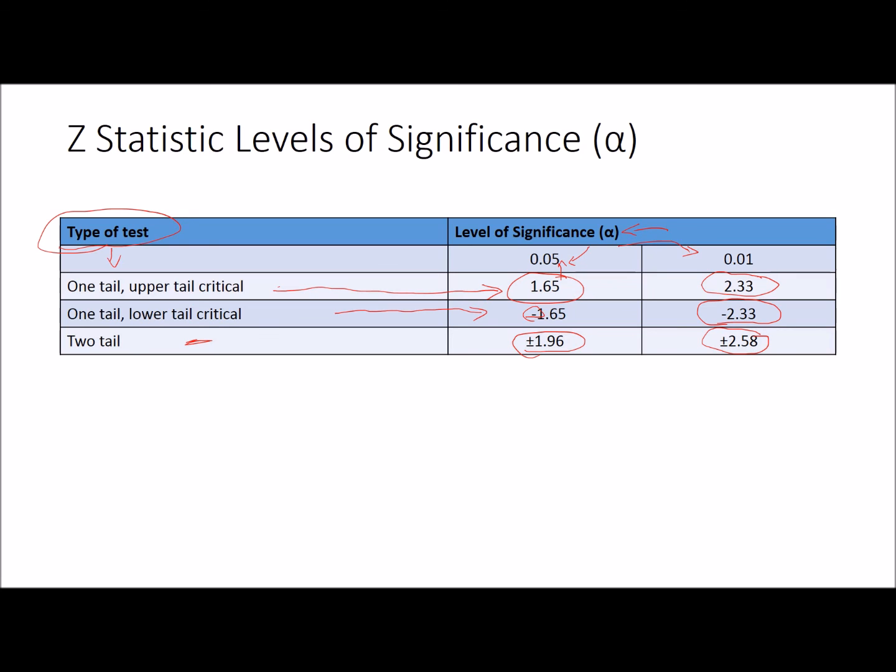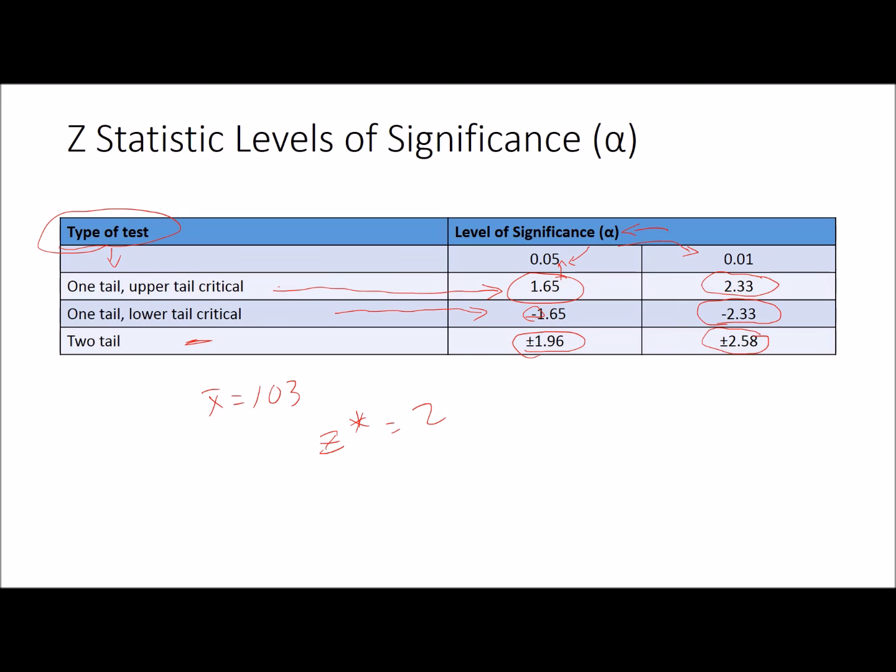Now, what we were looking at in our example, we had Mercy College with a sample mean equaling 103, and we found that the z-statistic equaled 2 when we calculated it out.